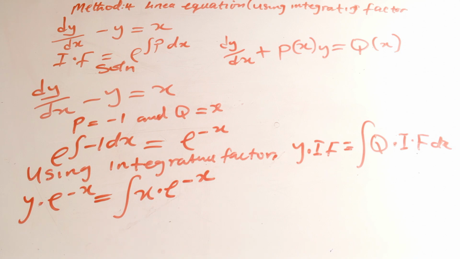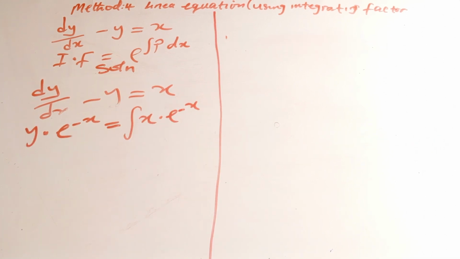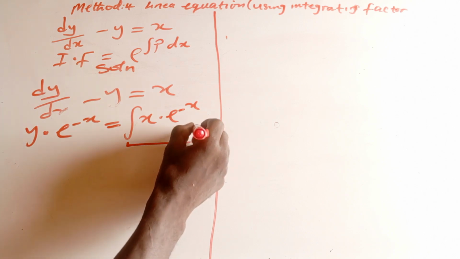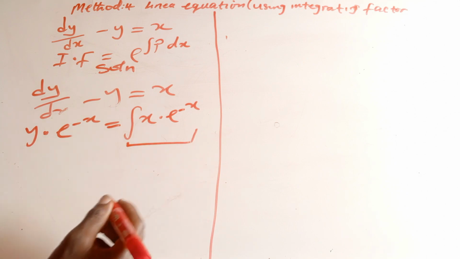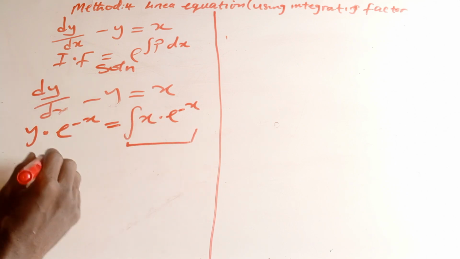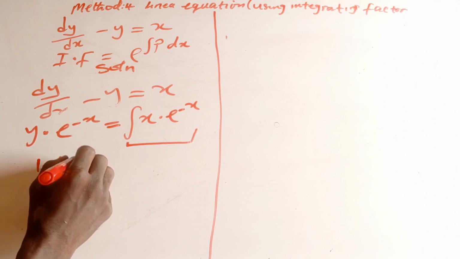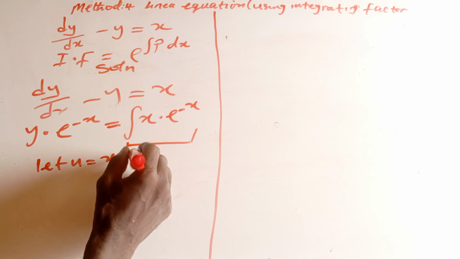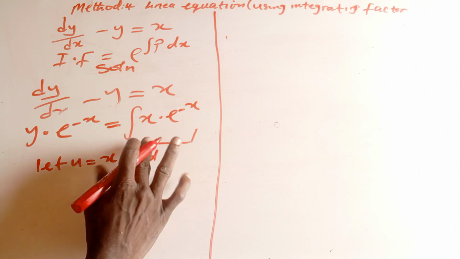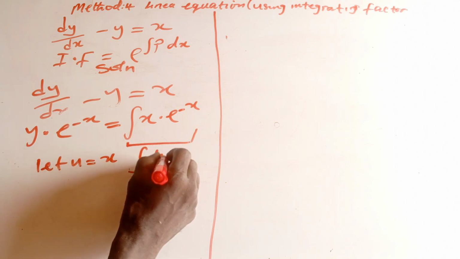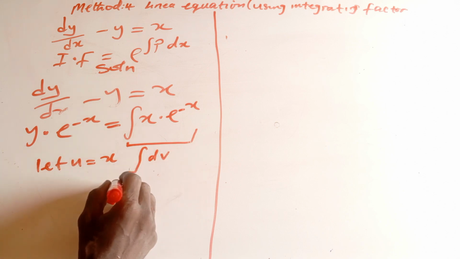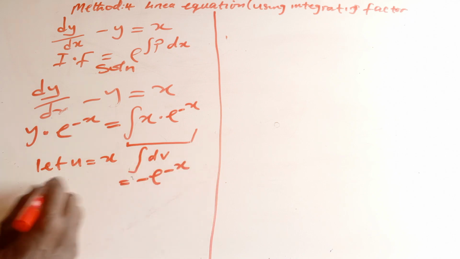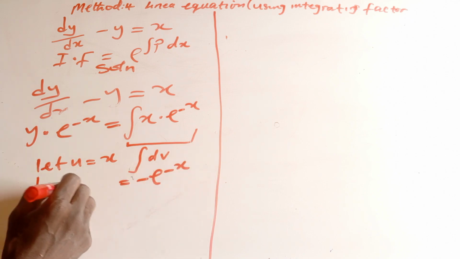We let u equals x, and dv is exponential minus x dx, so v is equals to minus exponential minus x, and du is equals to 1.